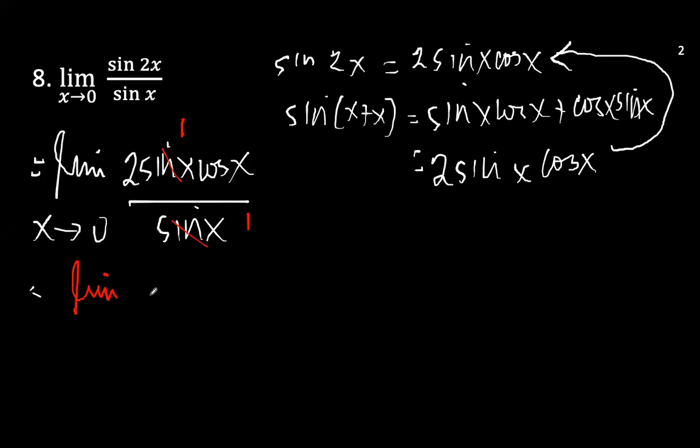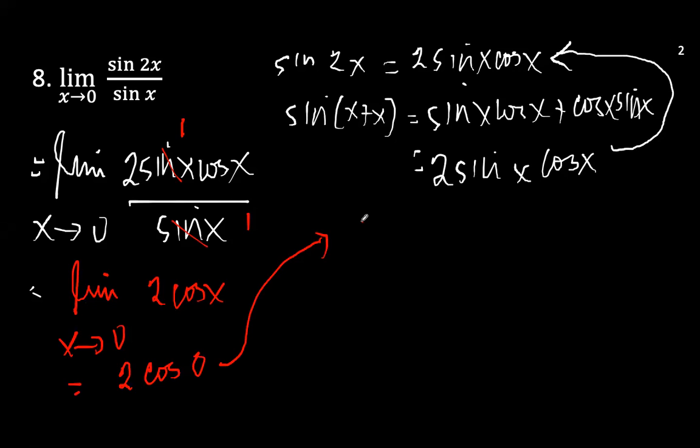And this becomes the limit of 2 cosine x as x approaches 0. Since 0 is part of the domain of cosine x, we can do direct substitution. So that's cosine 0, and 2 times cosine 0, 2 times 1, is equal to 2. That's why the answer here is 2. And again, I hope we got the same answer.